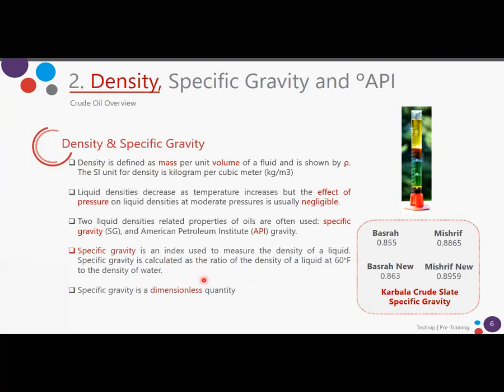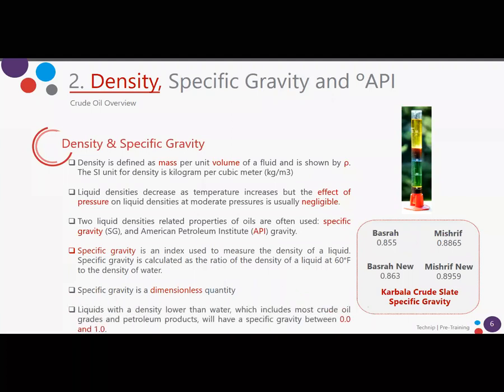Because it is a ratio of two quantities with equal dimensions, it is a dimensionless quantity, okay? You see here the specific gravity is 0.855 without any dimension.